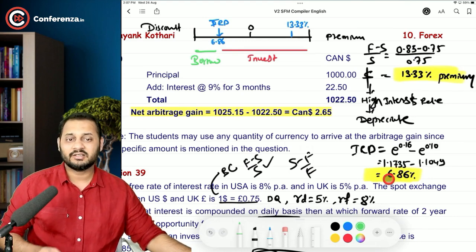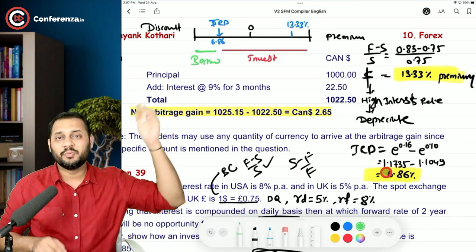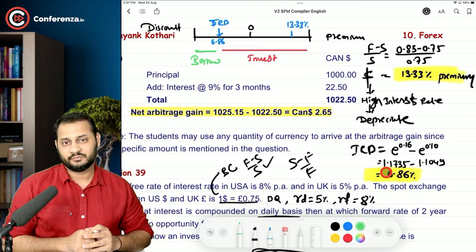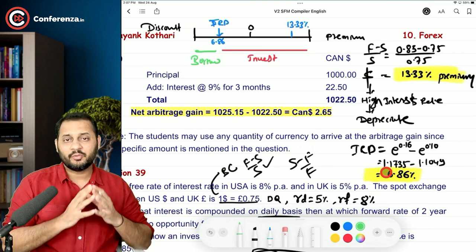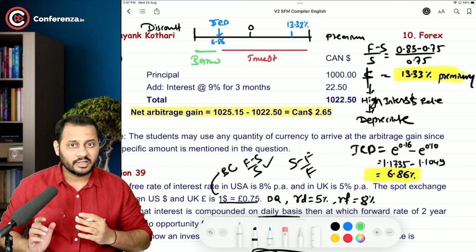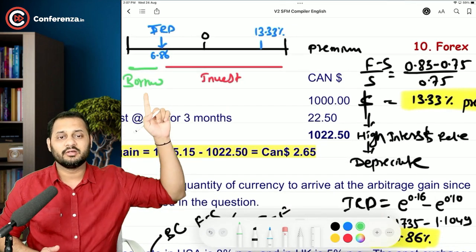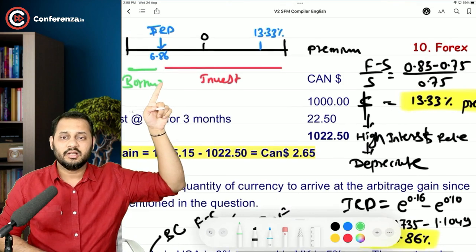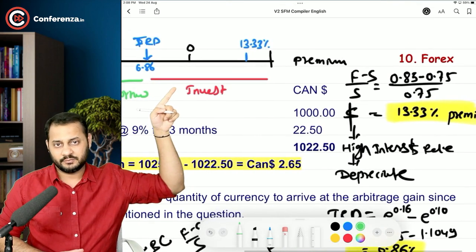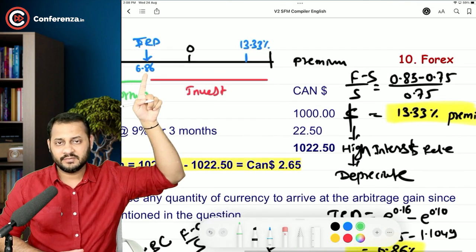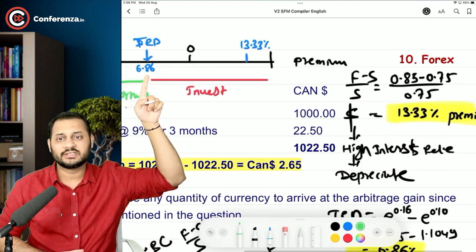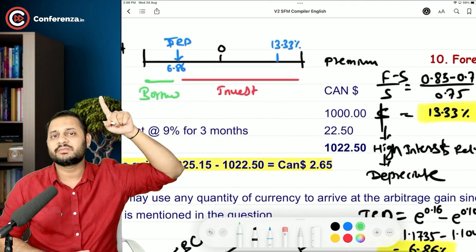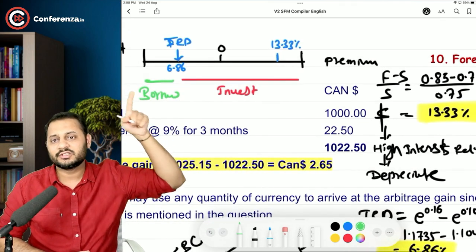They are not seeing that 6.86% should be a discount, while 13.33% is a premium. If 13.33% had been a discount, then we would have borrowed in the high interest rate currency. But right now the question is very simple. We are coming in the investment area. Since it is a high interest rate currency, the discount should be 6.86%, and until then we are going to invest. Beyond this rate, if the discount goes beyond this rate, we will borrow.